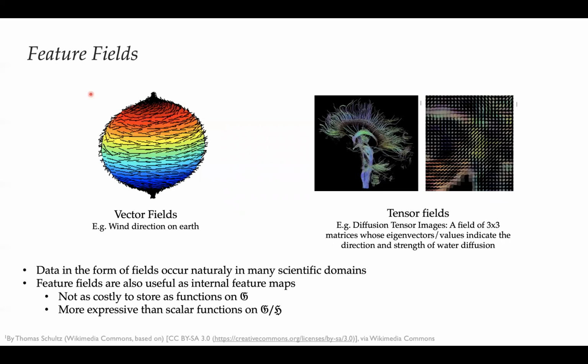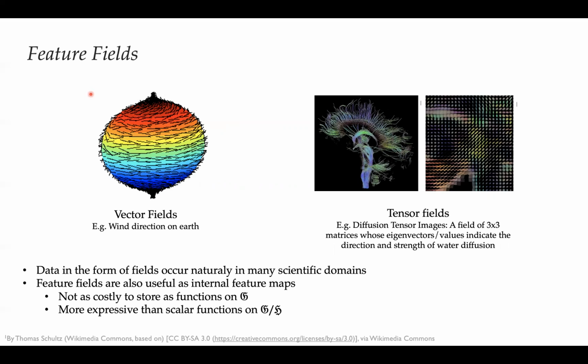Your manifold is a sphere, that's the Earth, and your measurements might be something like wind directions on Earth. So that's a vector field as drawn here. And so if we want to define a convolutional network that can process this, it should understand vector fields, and it should understand how vector fields transform under symmetries like rotations.